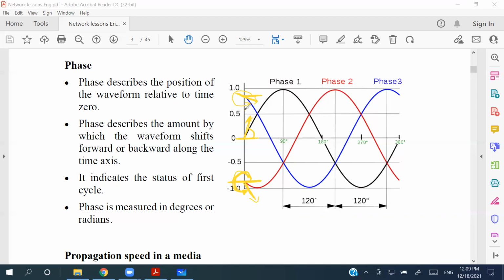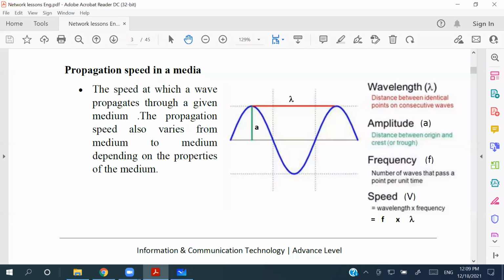And there are some other qualities as well, like wavelength. The wavelength will be considered for the next topic, where we describe the propagation speed in a particular medium for an analog wave.